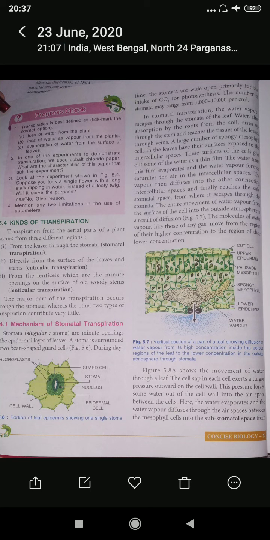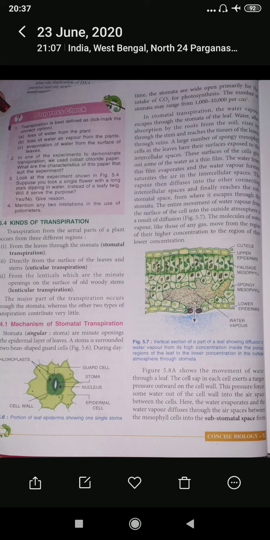Coming to the next type of transpiration, which we call cuticular transpiration. All the aerial parts of the plants are covered with a waxy layer of substance called cuticle, which is almost impervious to water. But still, a very small amount of water can escape through these cuticles also.